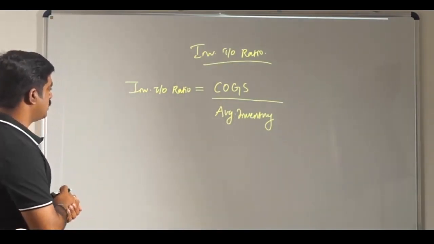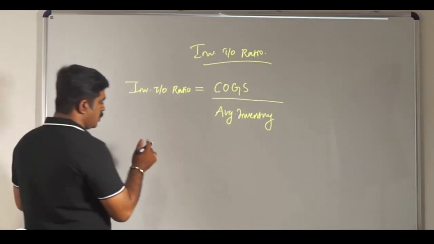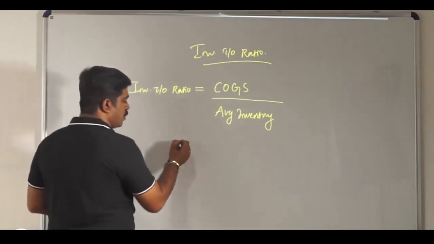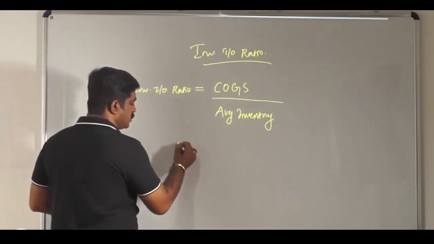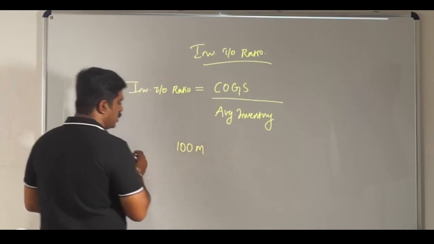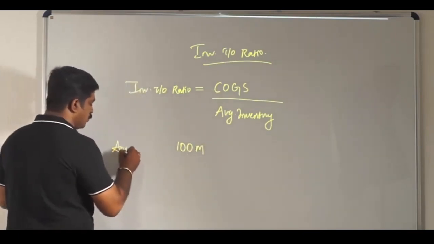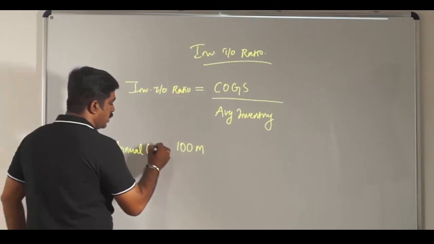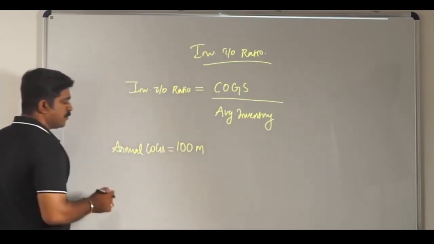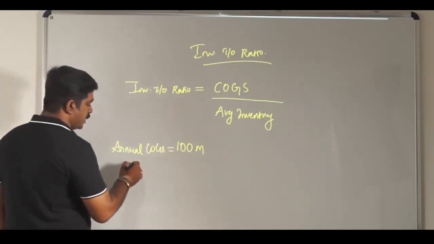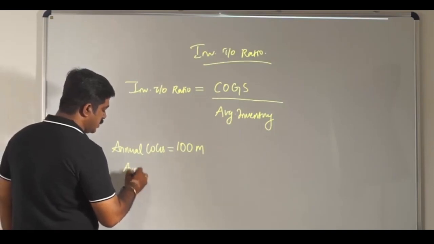Okay, to understand, let's say the cost of goods sold for a company is, say, something like 100 million. Now this is annual cost of goods sold. Annual cost of goods sold is 100 million. And the company keeps an average inventory.